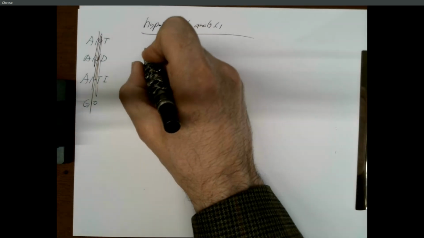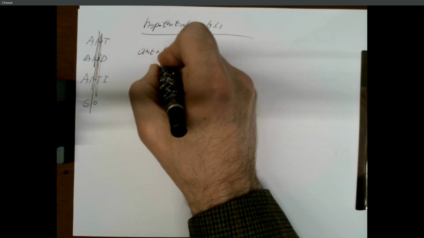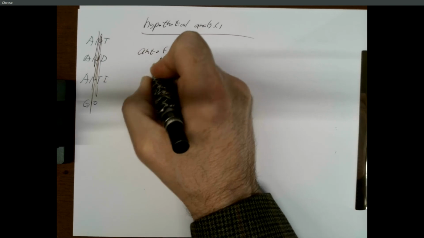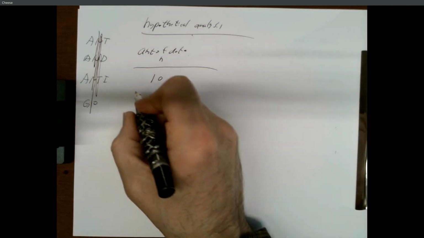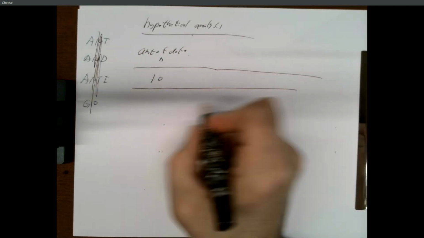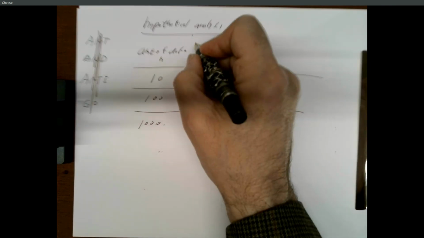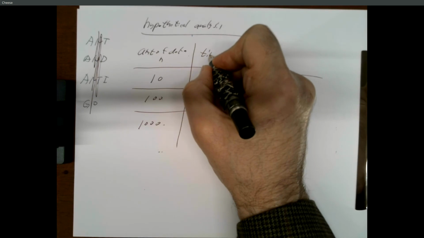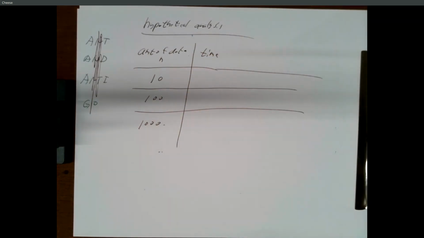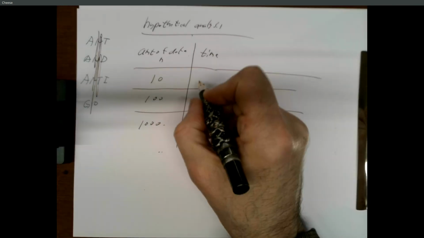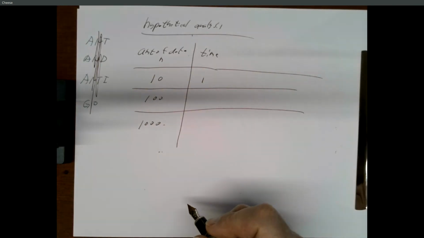So amount of data n. Let's say we have an algorithm where we run it for 10 pieces of data and 100 pieces of data and 1,000 pieces of data. And we look at how much time it takes in, I don't know, microseconds, milliseconds, weeks, whatever time unit you have. Suppose it's a sort, and when we run it on 10 pieces of data, it takes 1 unit of time.